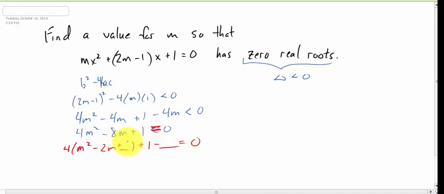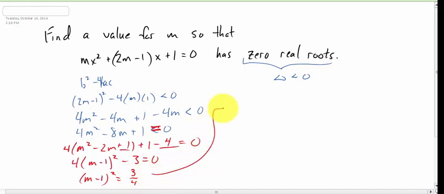So what's my magic number? My magic number is 1, so I also have to subtract 4. So we have 4 times m minus 1 quantity squared minus 3 equals 0. Okay, so now we start solving. m minus 1 quantity squared equals 3/4.